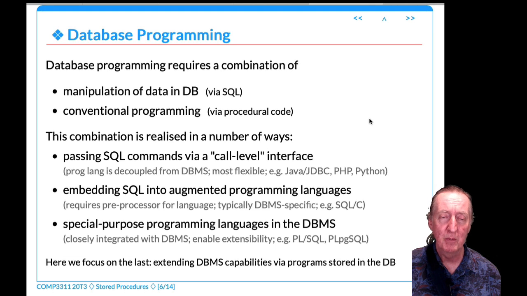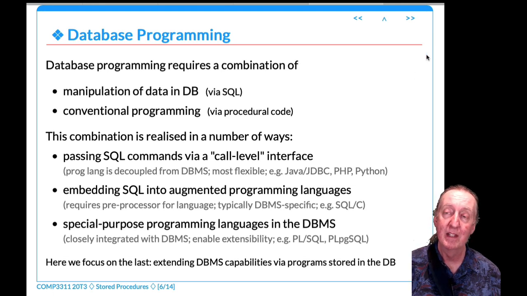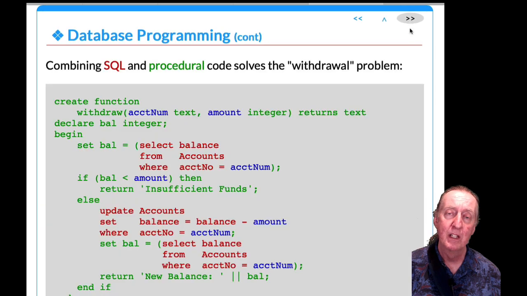And the final possibility, which doesn't give us all the power we need, but it certainly allows us to extend the capability of the database, is to use special purpose programming languages that are actually inside the DBMS. So we're going to focus on that one certainly for the next few videos, and we're going to do it via stored procedures.